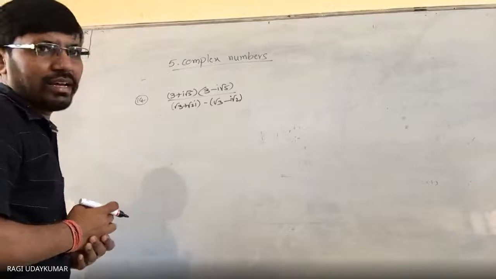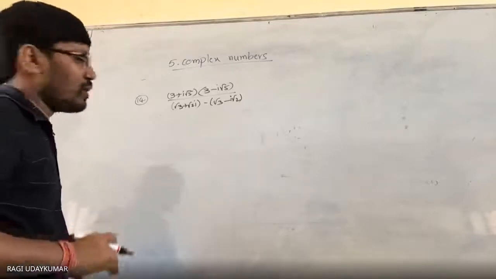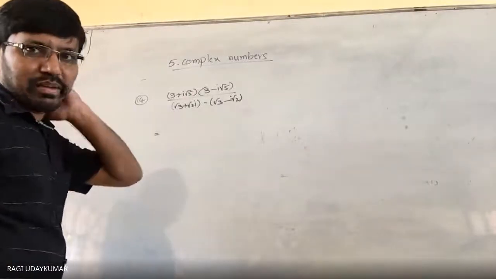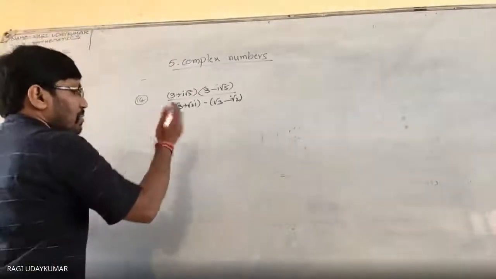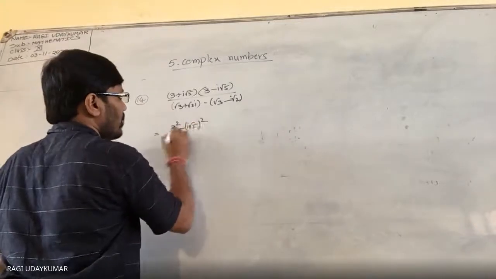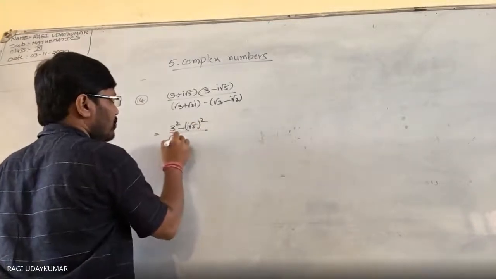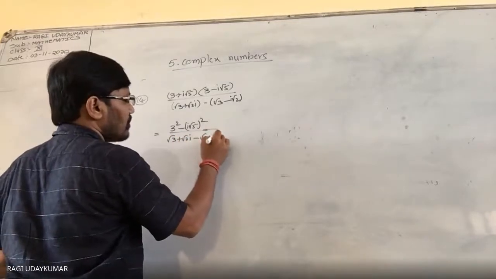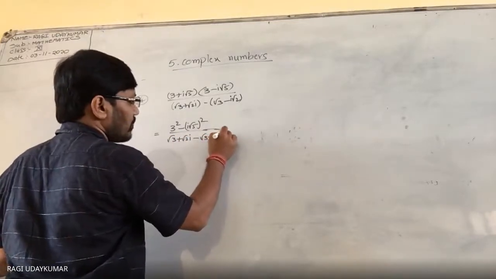It looks big, but it's not very difficult. First, what to do here? Simplify. Use the a plus b into a minus b form, a square minus b square. So 3 square minus i root 5 whole square, divided by root 3 expanded: root 3 plus root 2i minus root 3 plus i root 2.